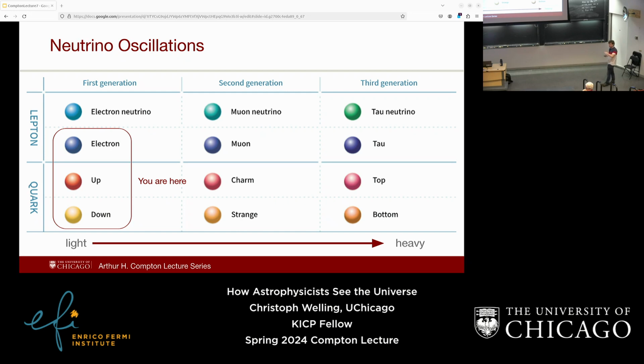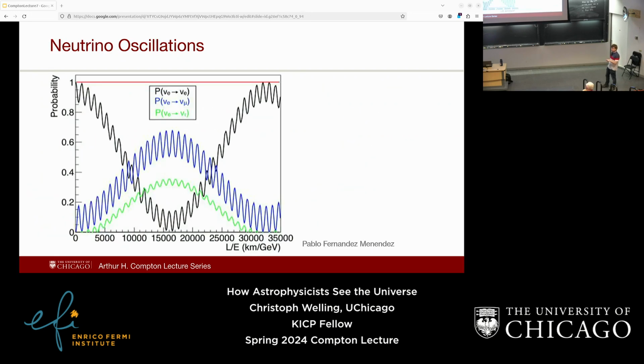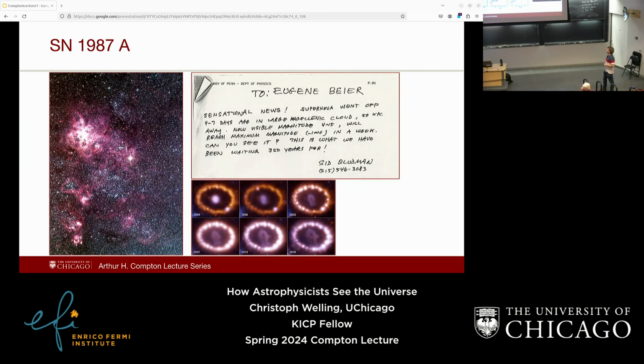You basically have a mixing of the different mass states in there. And that's basically why you get these oscillations, because they change at different rates. And then you can end up with the combination of states that corresponds to the mu neutrino, for example. That's the quick attempt to explain it.